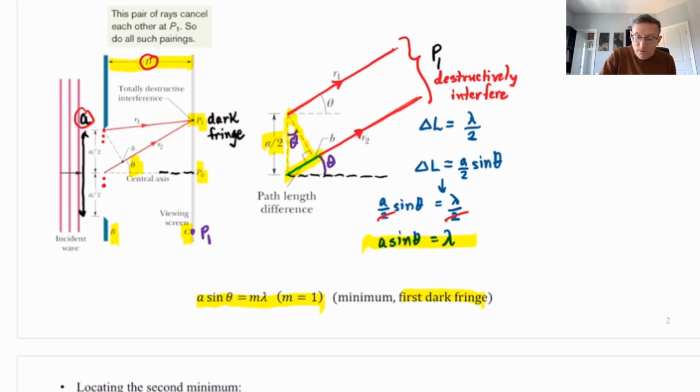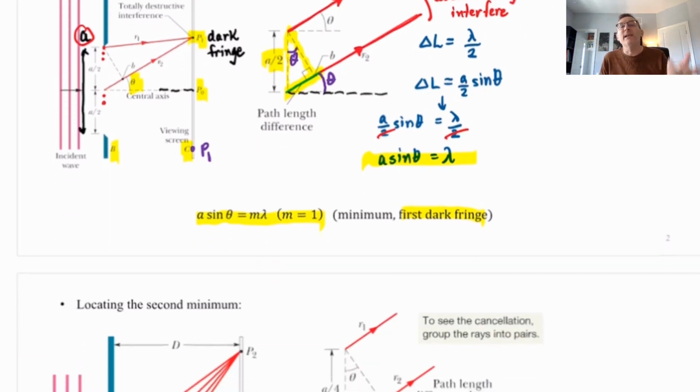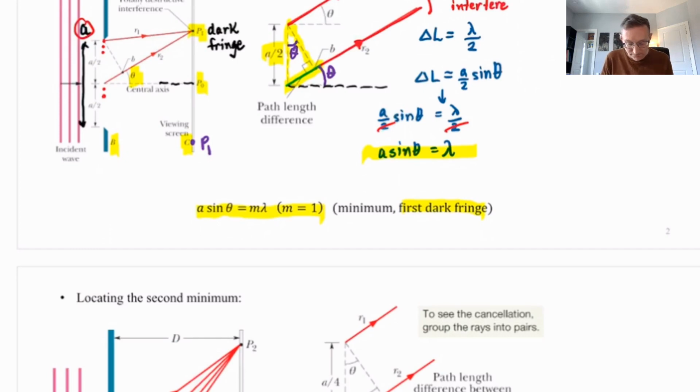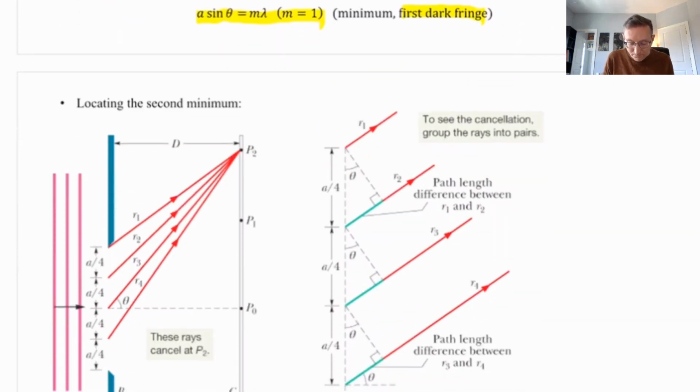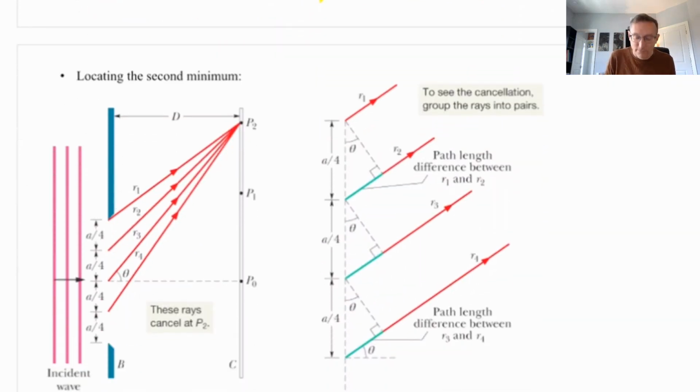Okay? But that's not the only dark fringe. If you've seen the diffraction pattern on the wall, you know there's more than one dark fringe. So let's next find the second dark fringe, the second minimum. Now the trick you do is you imagine breaking up the slit A in the screen B into 4 equal parts, each of width A over 4.